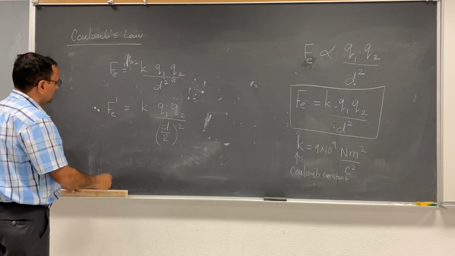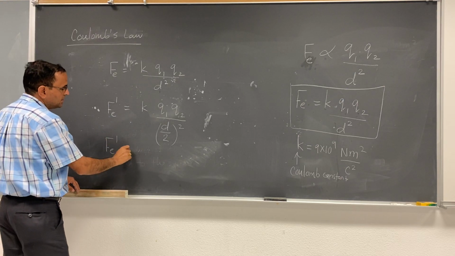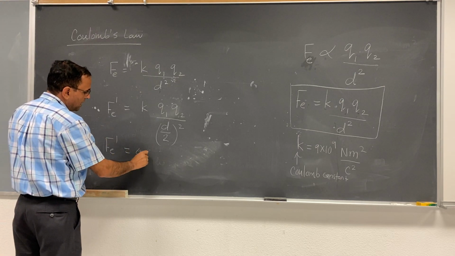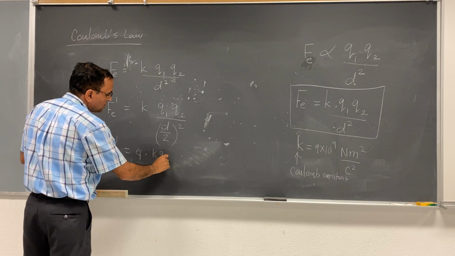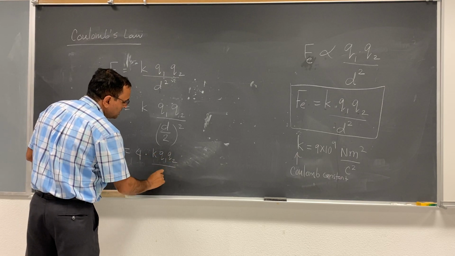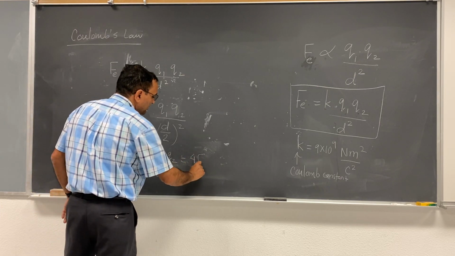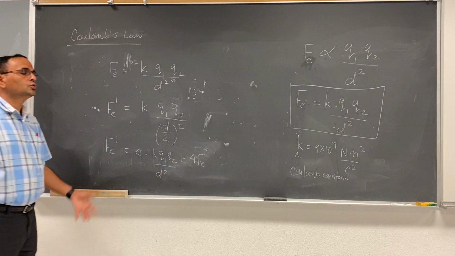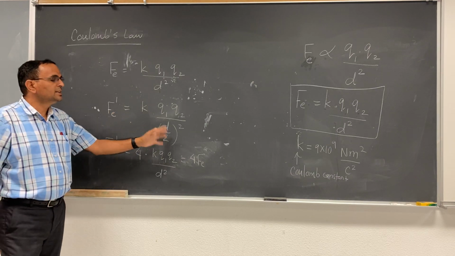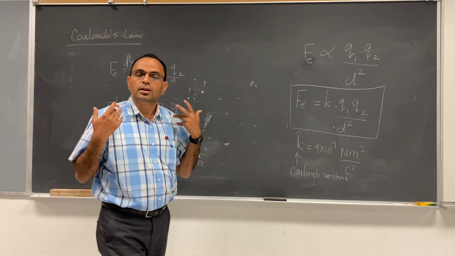So what is this equal? This is F E prime, this is 4 times K Q1 Q2 divided by D square. So this is 4 times F E. So therefore, if you cut the distance into half, the force is again quadruple.